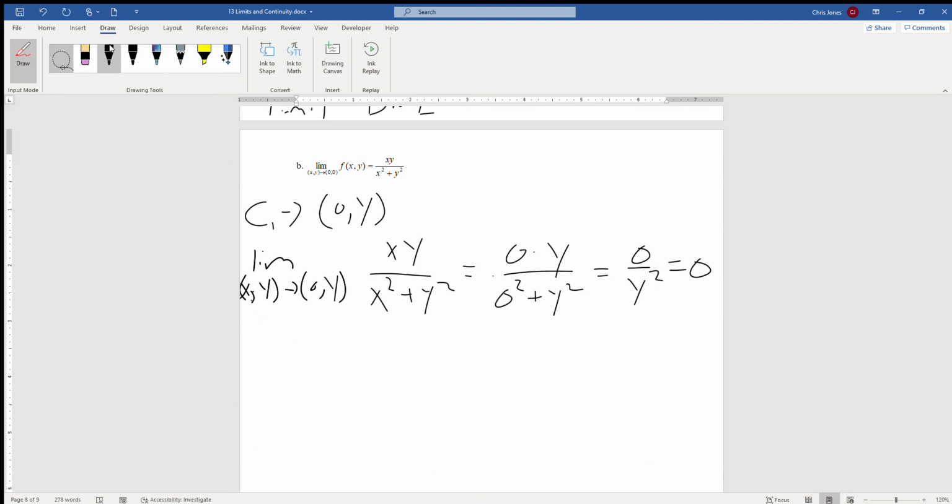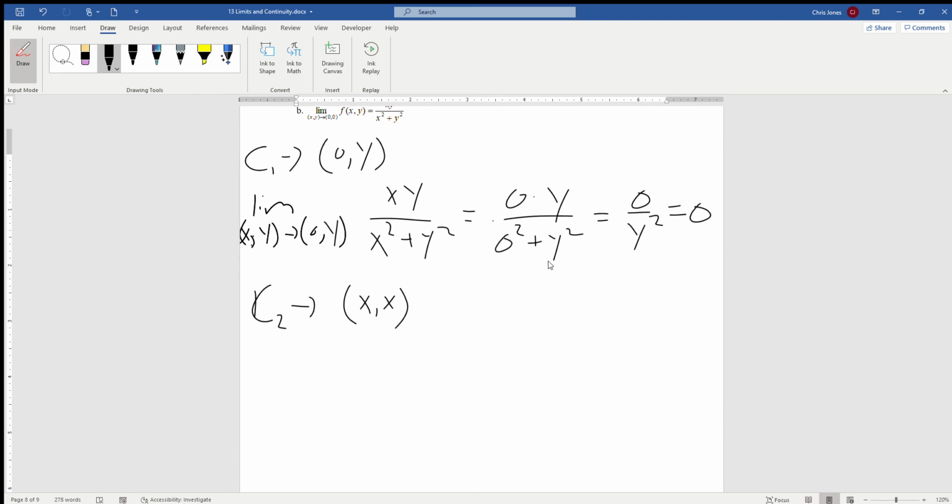I'm going to try this path. Let C2 be the path x comma x. All right. So in other words, y equals x, which is that linear relationship.